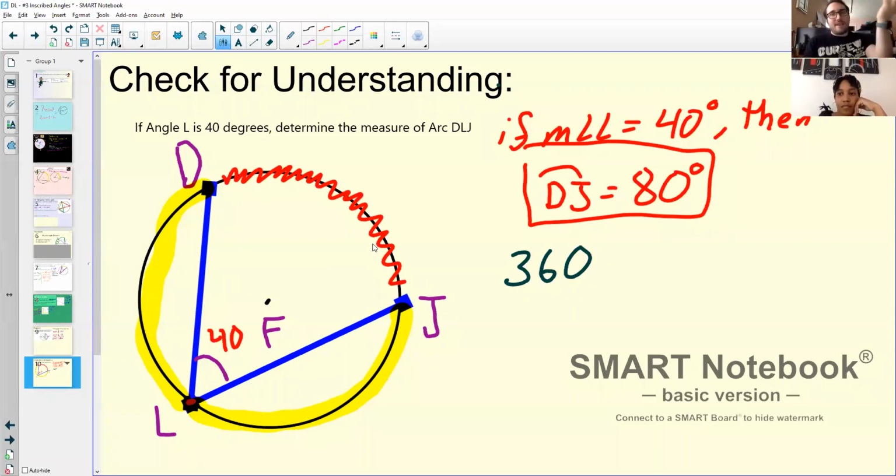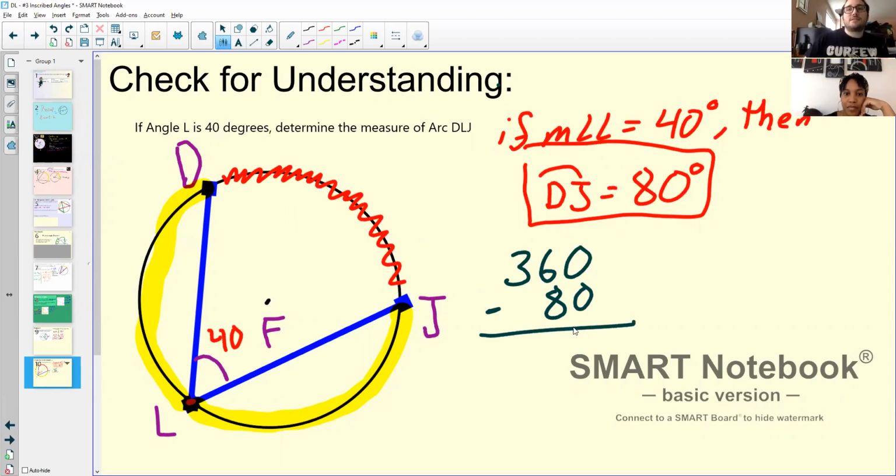What can I mathematically do to get my remaining piece that's yellow? Subtract. So 360, the full circle, taking away 80, that's our red piece. So the full circle, taking away the red piece, lets us have the remaining piece, which is what we said, 280. This is 280. Am I done?